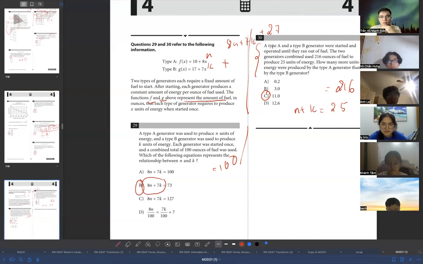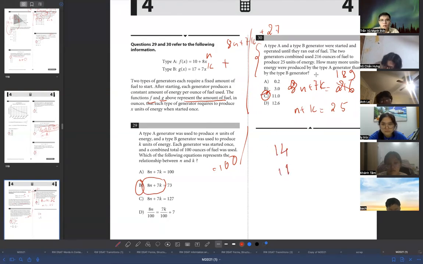And 216 minus 27 is 189. 8n plus 7k is 189, and the answer is 14 and 11. So it makes B, right?